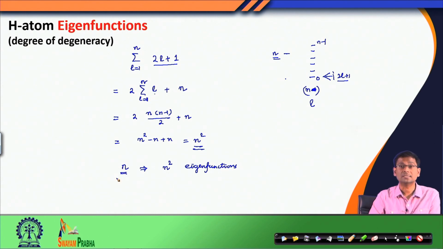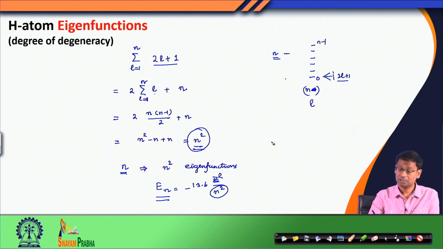What about the energies? The energy, on the other hand, depended only on one index, that is n, whereas while energy E n depended only on n, for a given value of n, I can now have n square number of eigenfunctions.